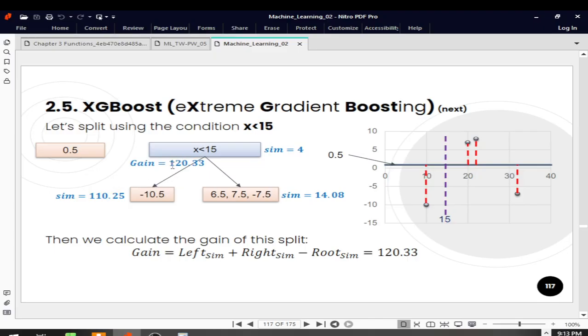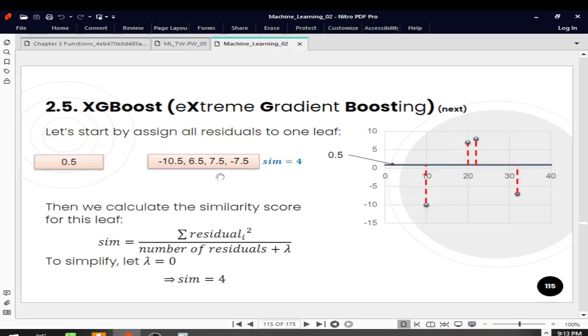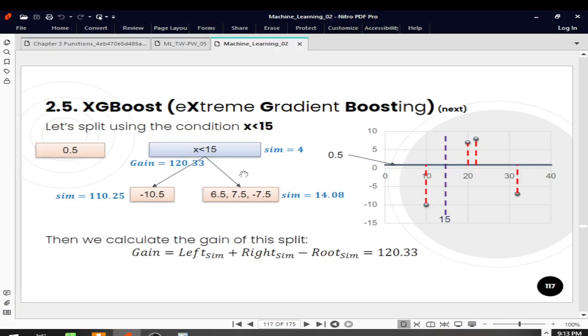The gain of the original data, how did we get it? It equals the left plus the right minus the root.